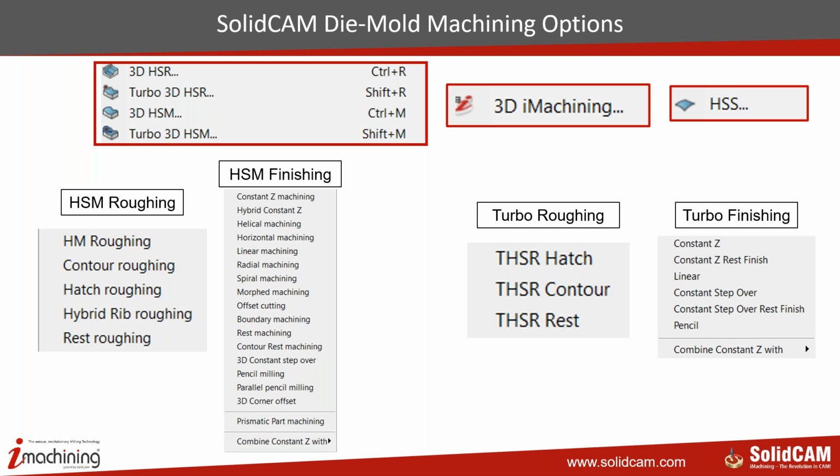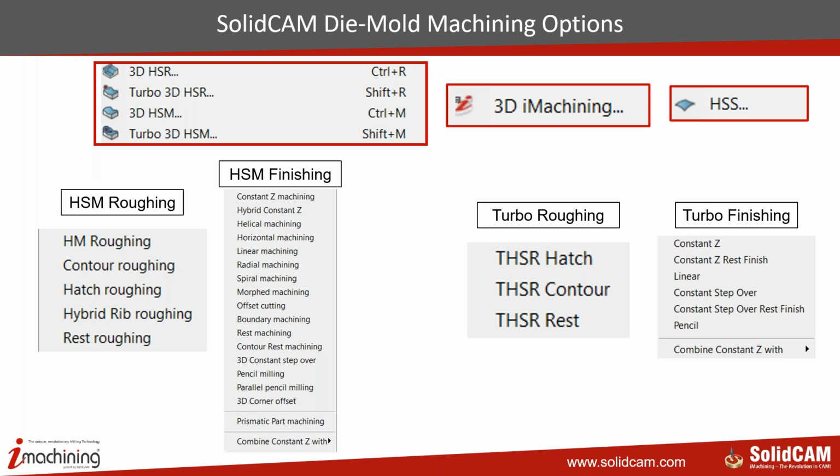So in our generic offering, we have got roughing, contour roughing, hatch roughing, hybrid roughing, rest roughing. And in the HSM, you can see on your screen, in the finishing, we have at least about 10 to 15 different types of finishing strategies inside SolidCAM. This is the generic part. On the turbo side, we have got hatch roughing, contour roughing, and rest roughing, which we are going to see a lot today.